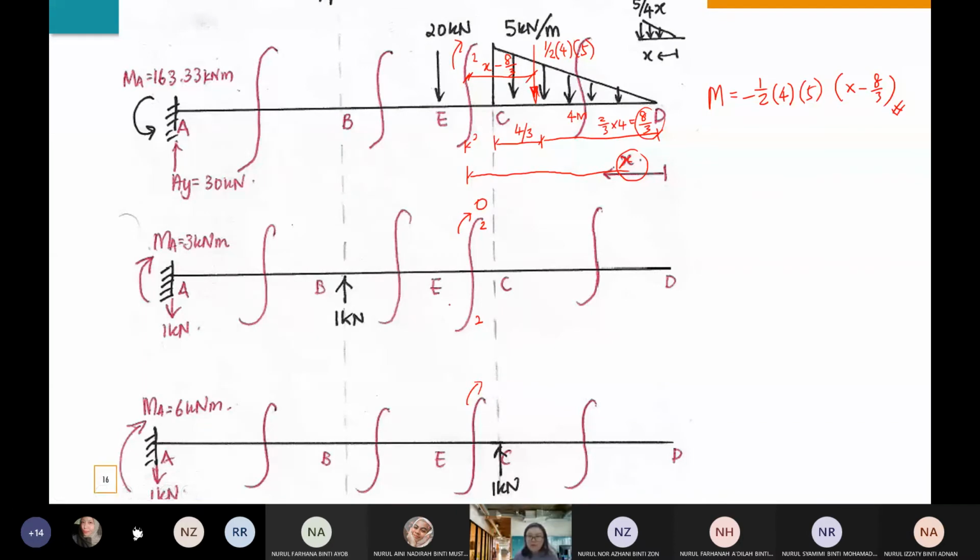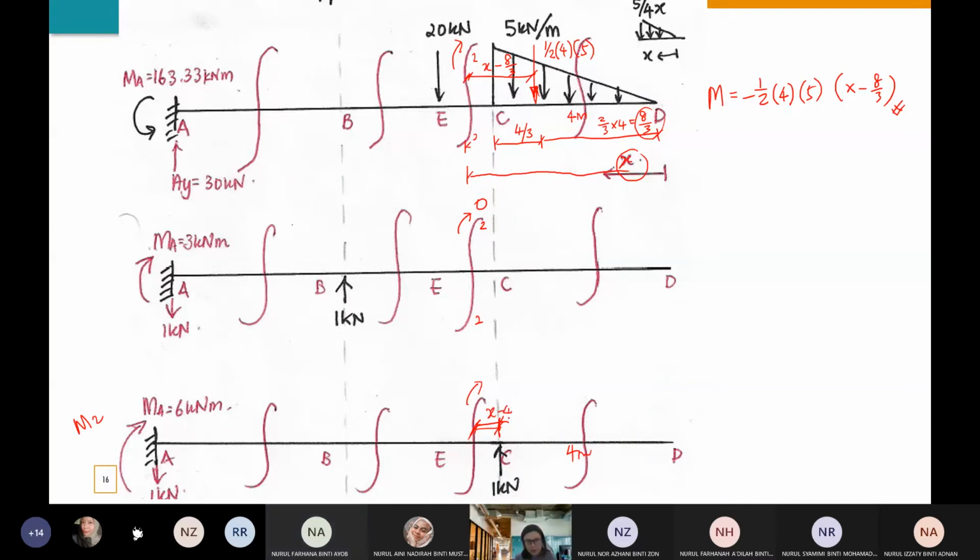Okay, so for my M2, I have one loading which is at C, 1 kilonewton, and I need to know the distance of this one. Do you know this distance? This is 4 meter. Class, do you know this distance? X minus 4.